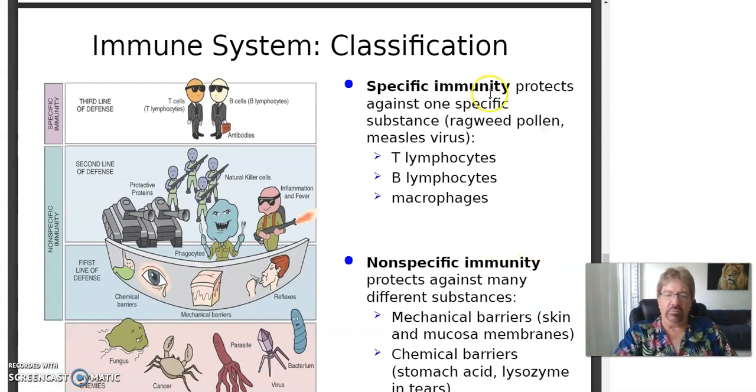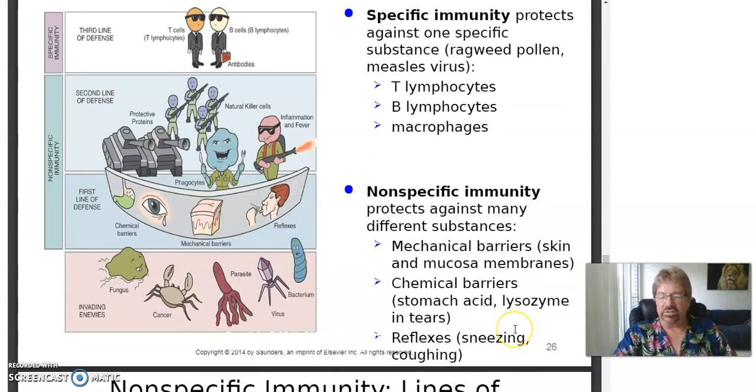Okay, specific immunity protects against one specific thing. If you got like me, and you got a vaccine for the COVID-19 virus, it's produced antibodies by the B lymphocyte cells. Again, I'm sorry, I'm starting to get fatigued. Nonspecific immunity protects against many things: mechanical barriers, chemical barriers like stomach acid, reflexes, sneezing, coughing.